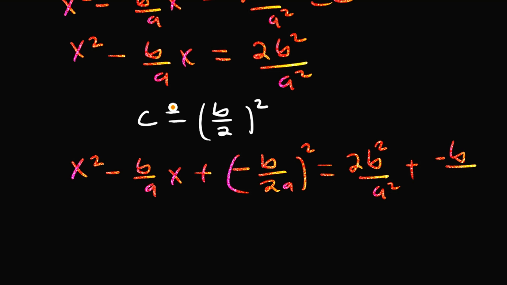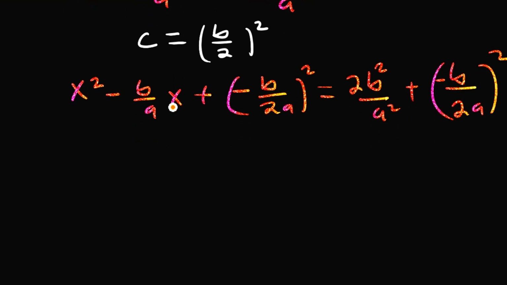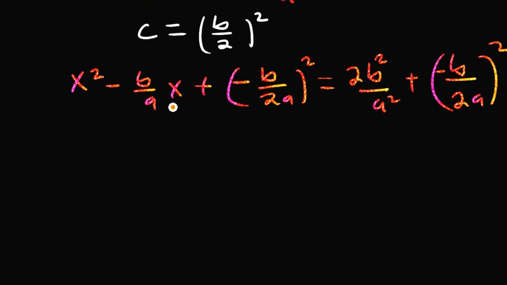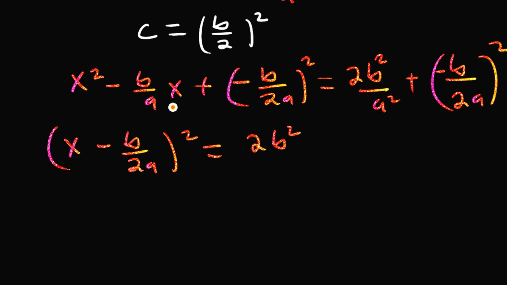So we have minus b over 2a also squared. So now let us take the perfect square in the left hand side by taking the square root of x squared, which is just x, and we add it to the square root of the new c, which would just be minus b over 2a, and then we square that. And then now we simplify what we have on the right hand side.